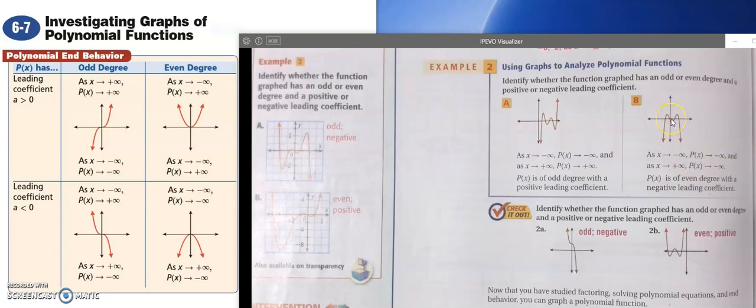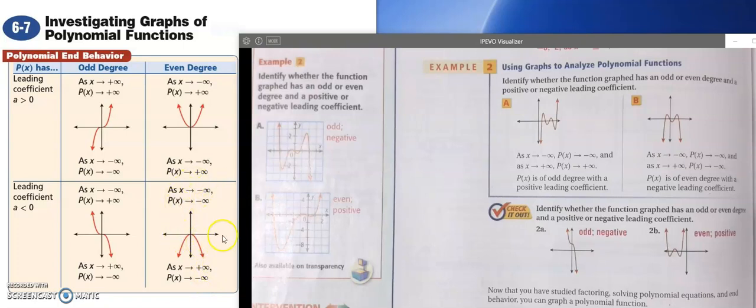When I go to the left, as x approaches negative infinity, if I go this way, what happens to y? It decreases. So now I'm going to find my chart over here that matches these. Again, I have negative infinity to negative infinity and positive to negative. So negative to negative is here, and then positive to negative is here.